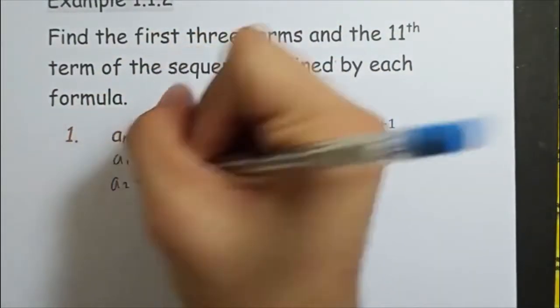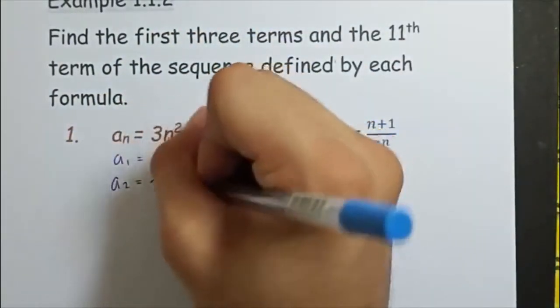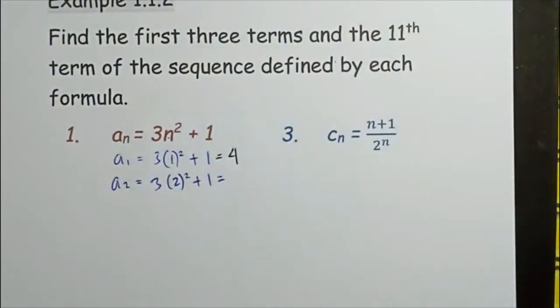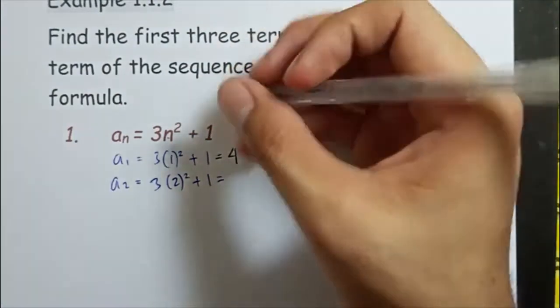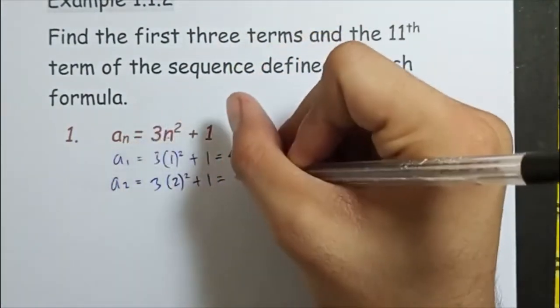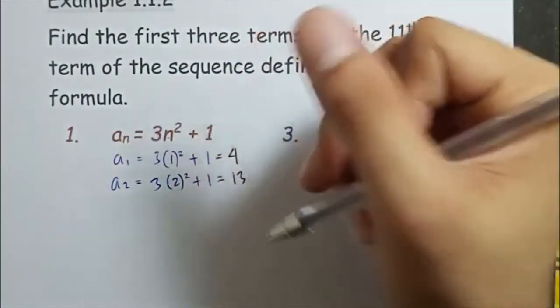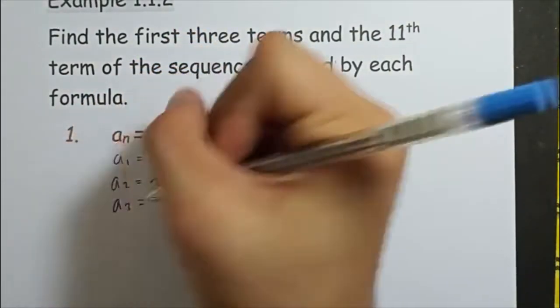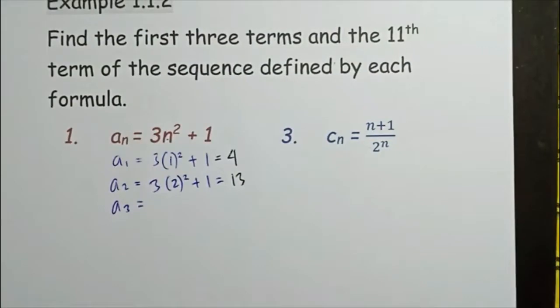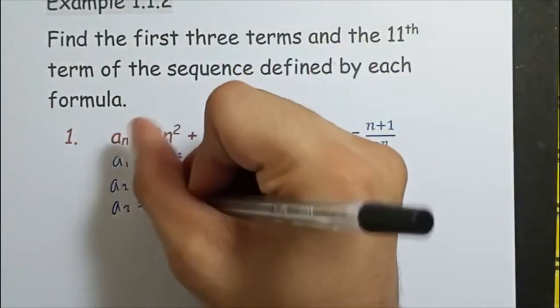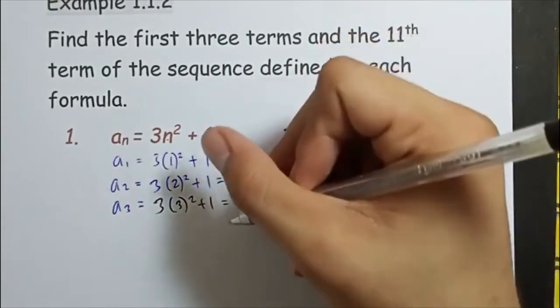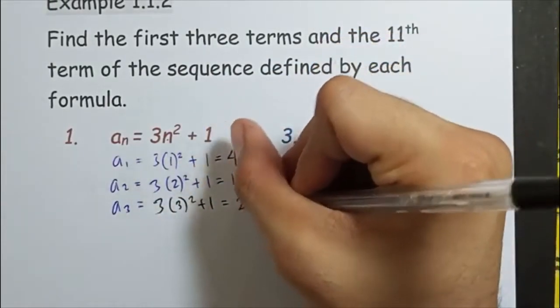A sub 2 is equal to 3 times 2 squared plus 1. 2 squared is 4. Then 4 times 3 is 12 plus 1, 13. So, ganun lang. A sub 3 magiging 3 times 3 squared plus 1 equals 28.